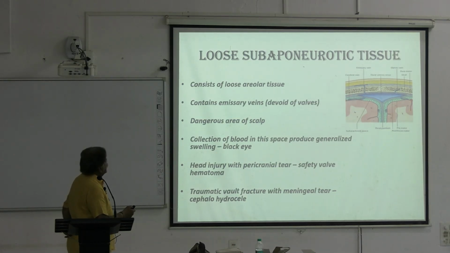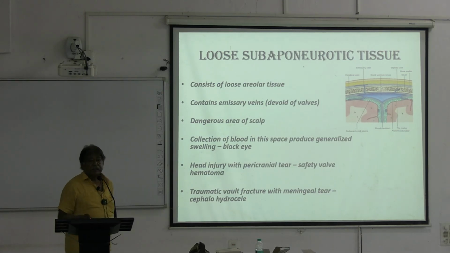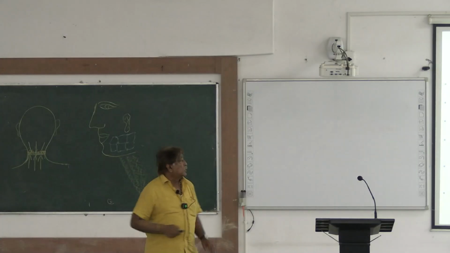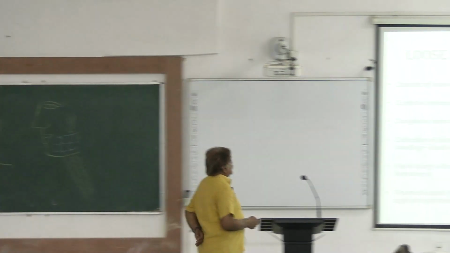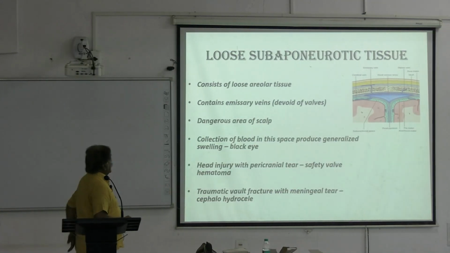Loose subaponeurotic tissue, or loose areolar tissue, contains emissary veins devoid of valves. What are emissary veins? They have no valves. Now, this is the dangerous area of the scalp. Collection of blood in this space produces generalized swelling, black eye.